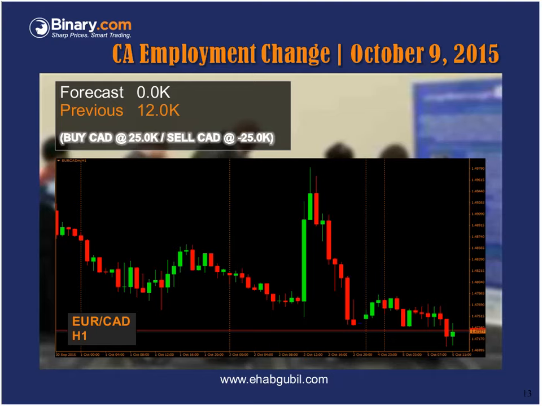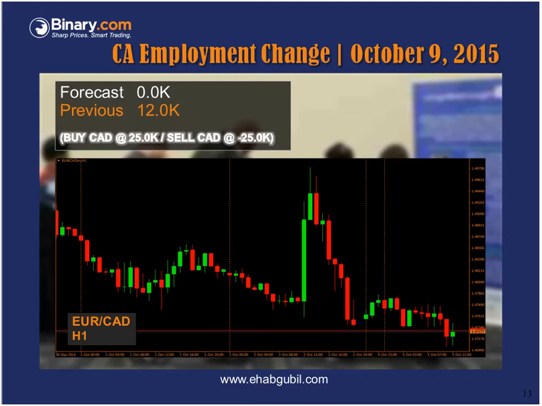And how to trade this news? I will be looking for a minimum deviation of around 25,000. So if we get a positive 25,000 release, we should see demand for the Canadian dollar. Therefore, we should buy the Canadian dollar against weaker currencies at the time.